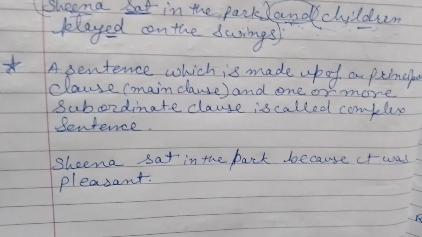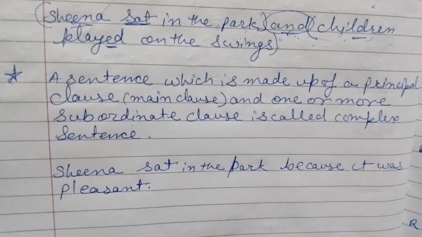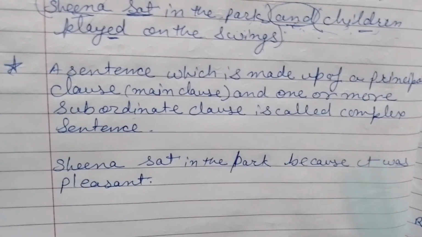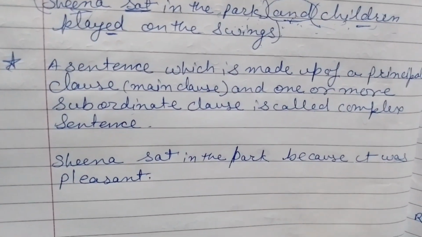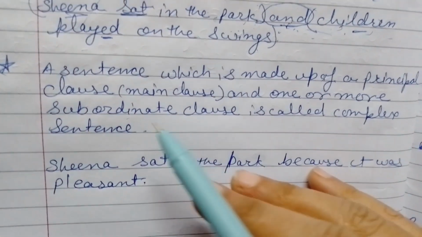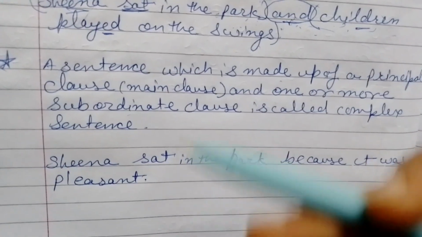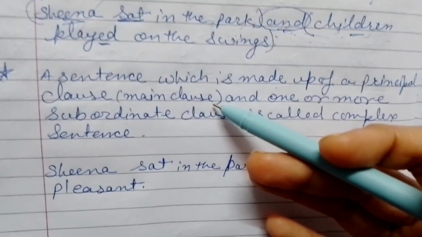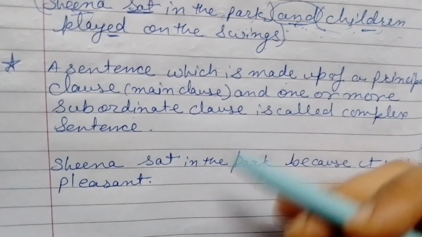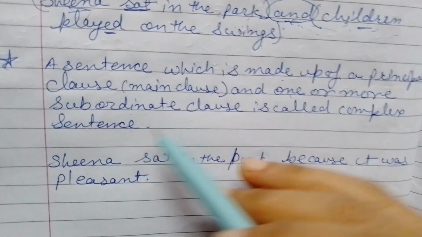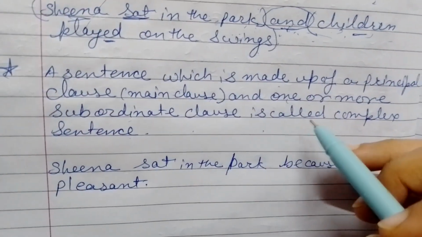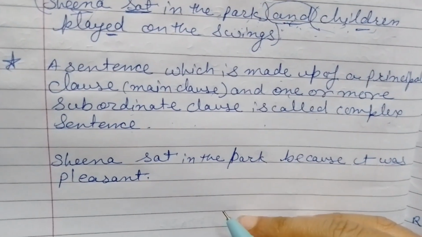Now, the complex sentence. As the name suggests, it will be a bit more complex than the other two. Jokes apart, a sentence which is made up of a principal clause, principal clause being another name for main clause, and one or more subordinate clauses is called a complex sentence.